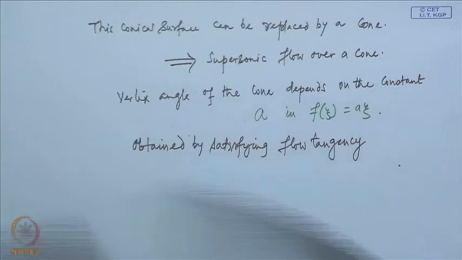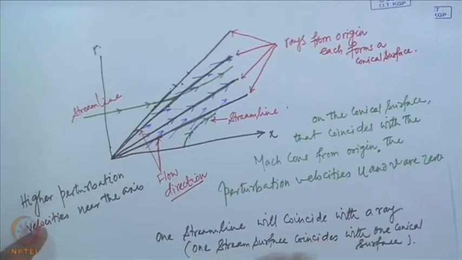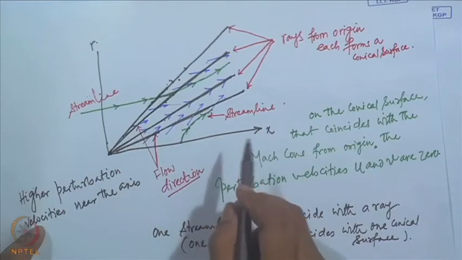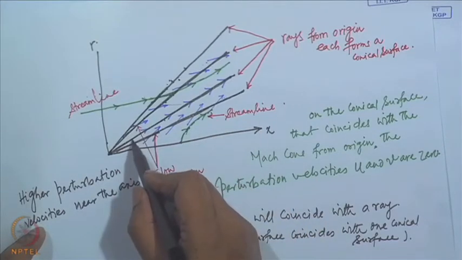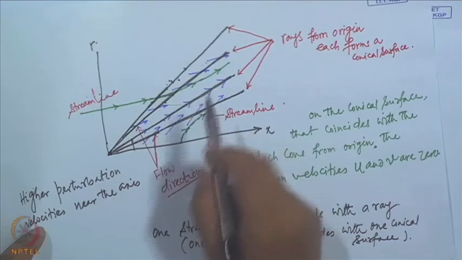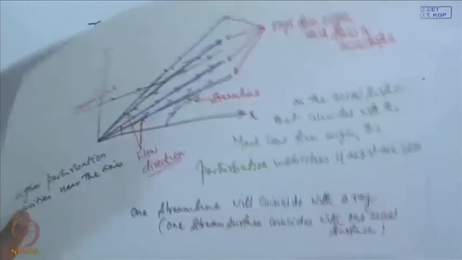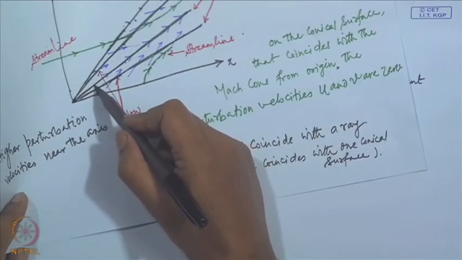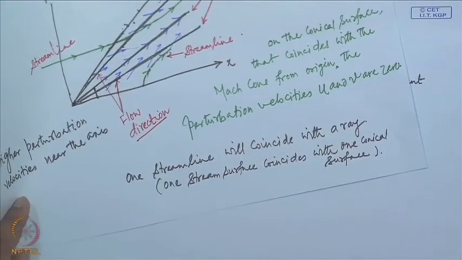Now, let us come back to this figure once again. If this is the cone surface as an example, then this becomes its vertex angle, and the flow is tangential to this. This is the streamline slope.